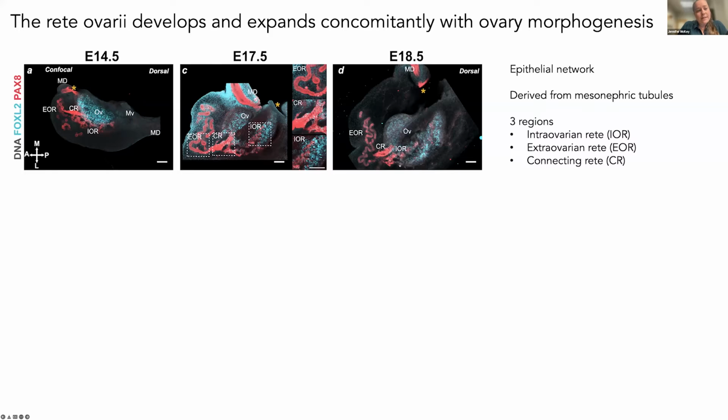But for the context of this study, we really investigated the correlation between the development of the rete and the morphogenesis of the ovary. The rete is divided into 3 different regions: the intra-ovarian rete, which is embedded inside of the ovarian domain, the extra-ovarian rete, which develops outside of the ovary, and then the connecting rete, which links these 2 regions together.